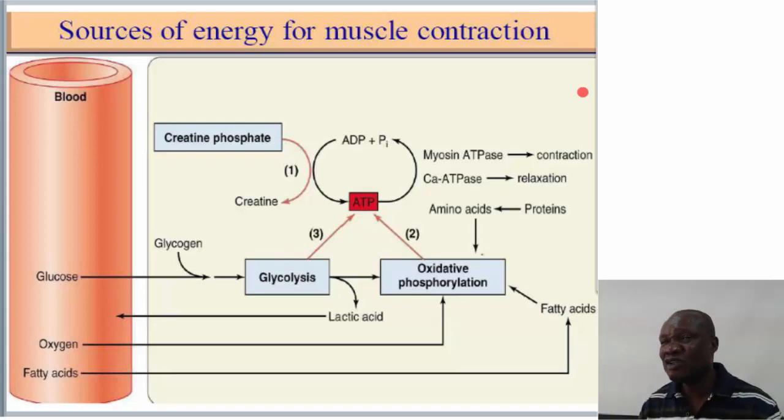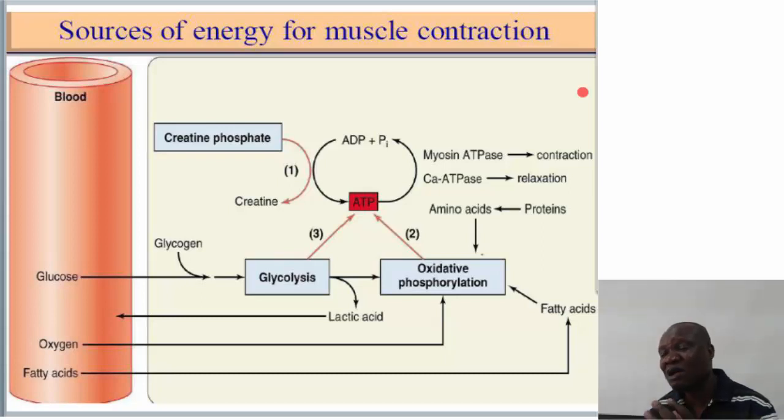Now, creatine phosphate will phosphorylate ADP to produce ATP. And this reaction is catalyzed by the enzyme creatine phosphoryl transferase. So it's the immediate source of energy for muscular activity.